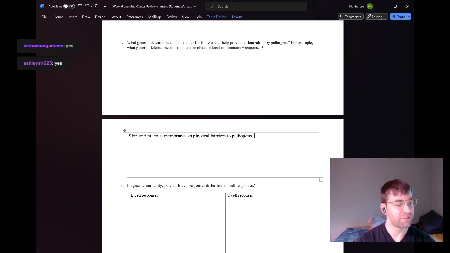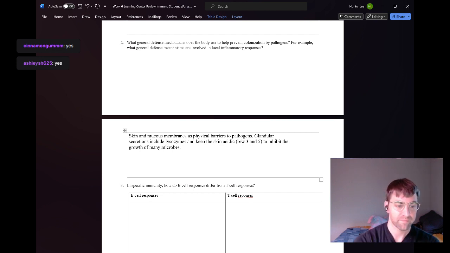We also have glandular secretions that include lysozymes, keep our skin at an acidic pH somewhere between 3 and 5, which inhibits the growth of many microbes. So your sweat is literally antimicrobial. One of many reasons to get regular exercise, I guess.